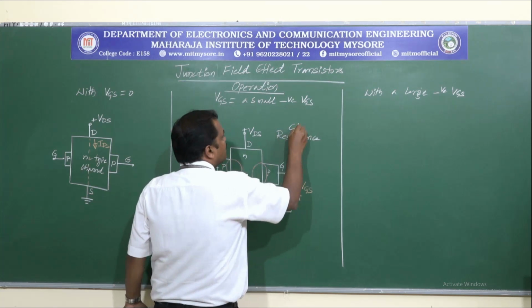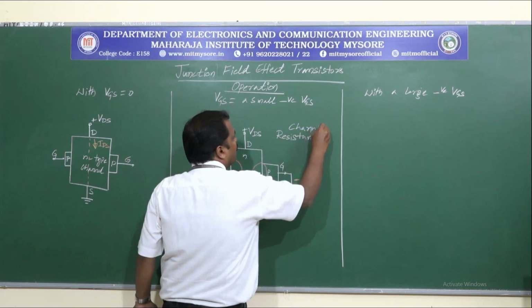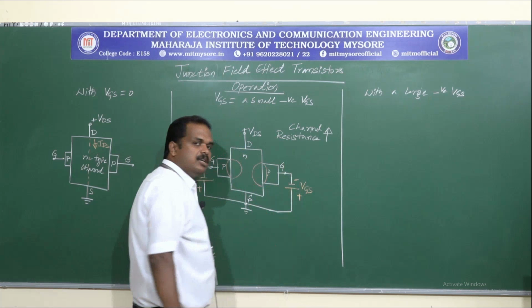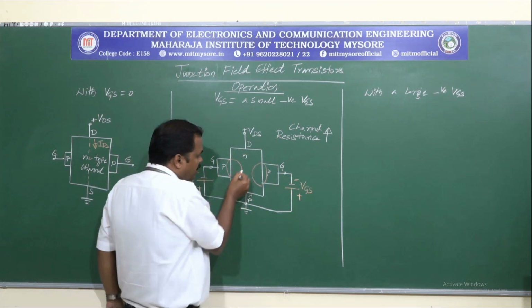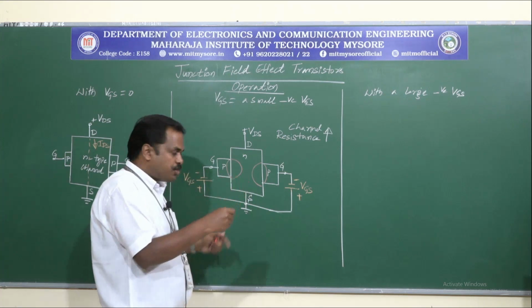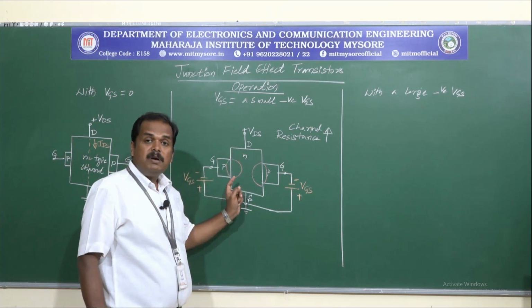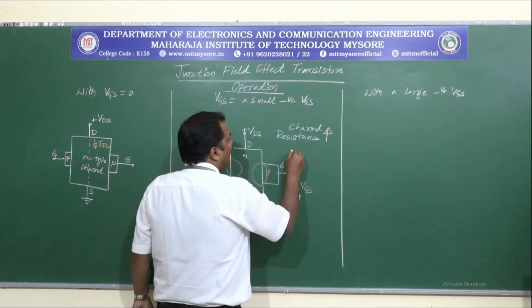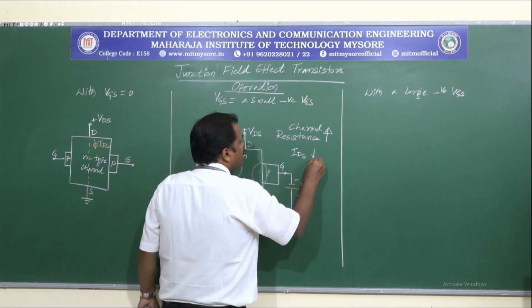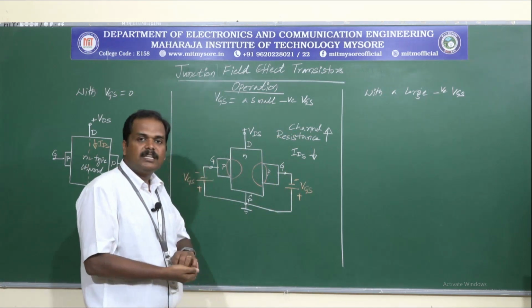The channel resistance will be increased. Because the channel resistance is increased, this will pose a restriction on the movement of the charge carriers. So because of this, the IDS will be decreased.